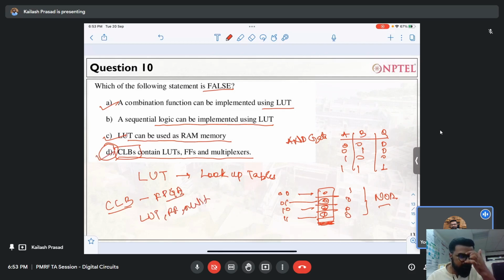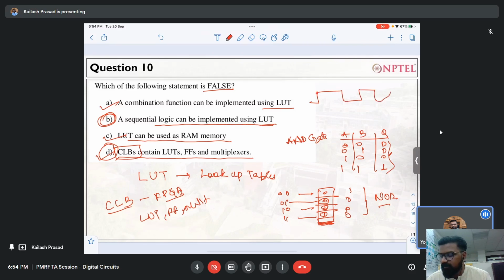The only false statement here is that a sequential logic cannot be implemented using LUT, because a LUT is just a lookup table. Sequential logic works at clock edges, and if you want that kind of logic, you cannot design it using LUT. So lookup tables can only be used to design combinational functions.